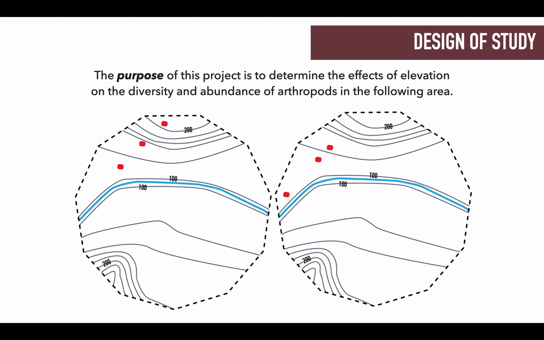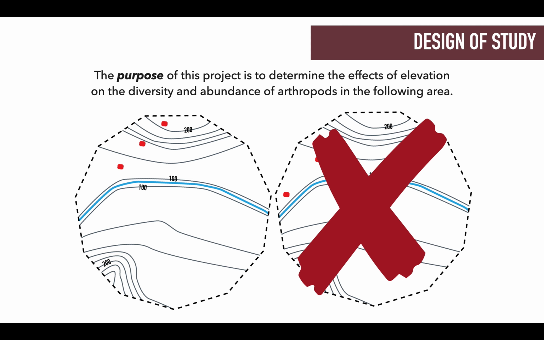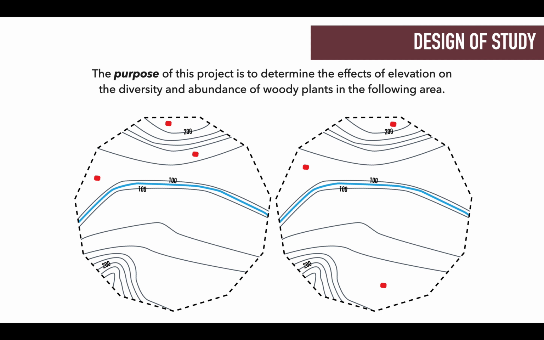So if I want to measure the change in diversity and abundance of arthropods based on different elevations, then I need to also have a variable elevation. Definitely that left one is going to be the better choice because it has more variability in what is actually changing in terms of elevation. On the right, the elevation is only changing by a couple feet. That's not as helpful nor a good study design.